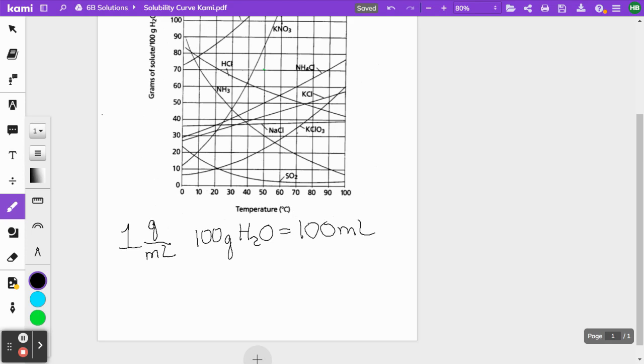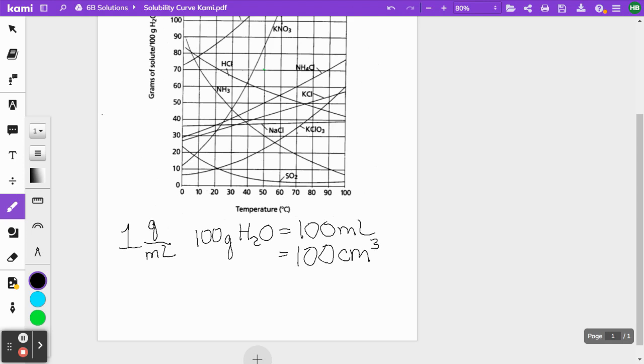A milliliter is also an example of how we made the metric system so easy for ourselves, because 1 milliliter or 100 milliliters is the same as 100 cubic centimeters. What that means is you can actually take measurements of length and turn them into volumes, which is unique to the metric system.